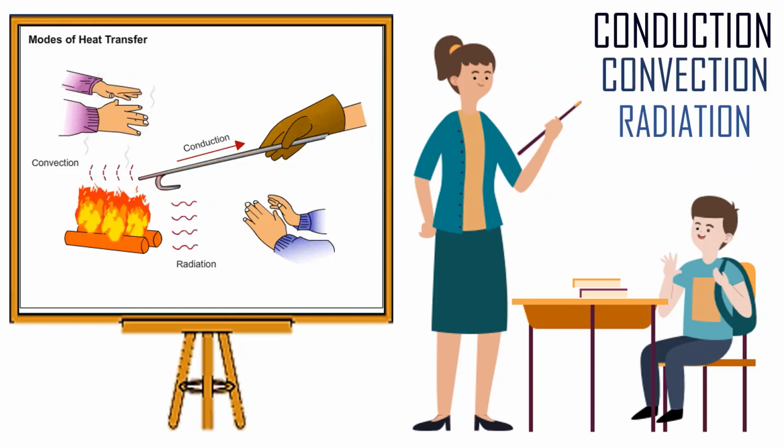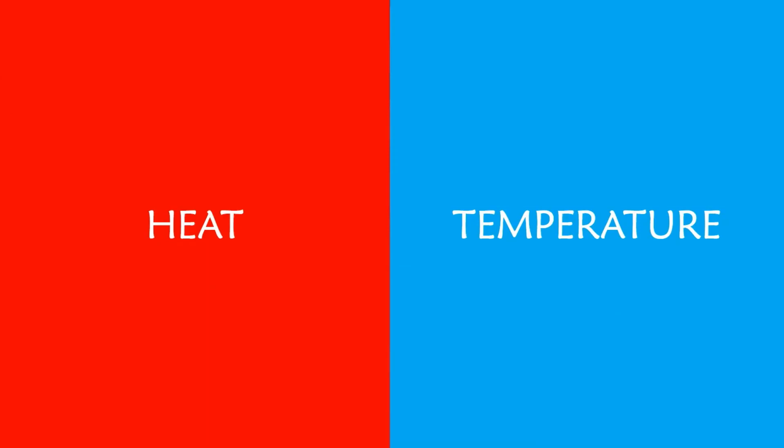Heat always moves from a body of higher temperature to a lower temperature. People think that heat and temperature are the same. However, in physics, although they are related, these terms are not the same. So in this video lesson, you will learn the difference between heat and temperature.